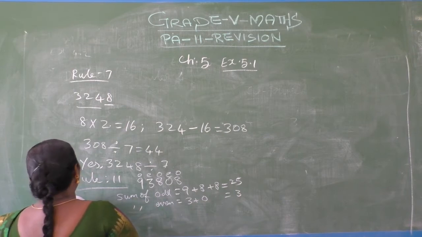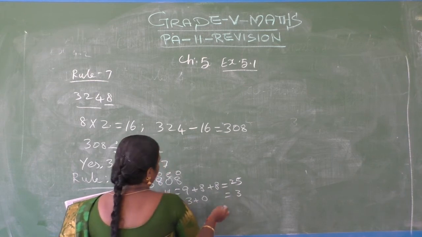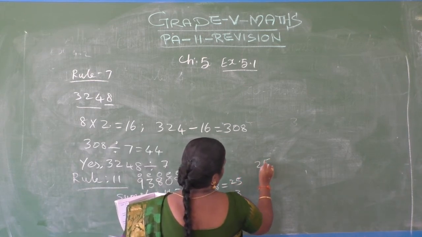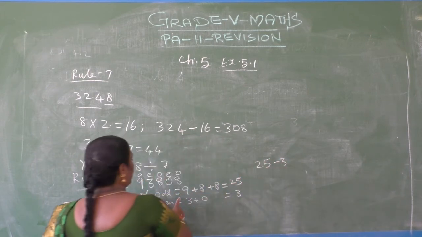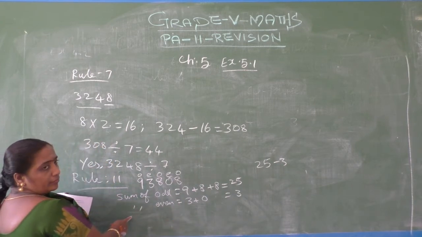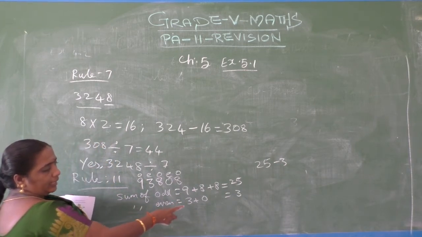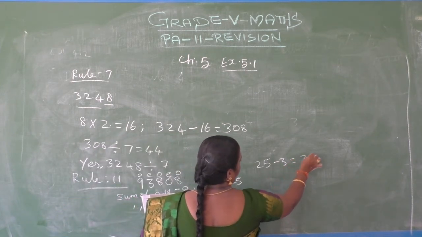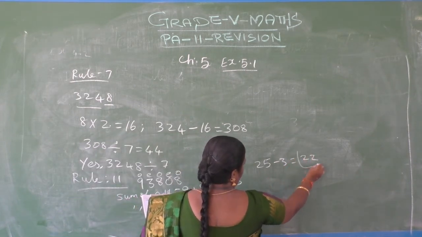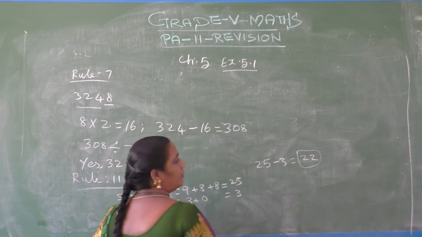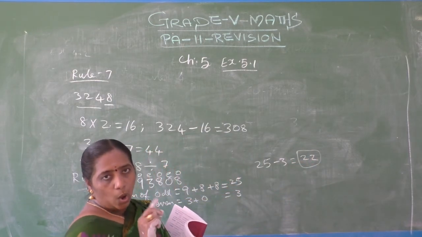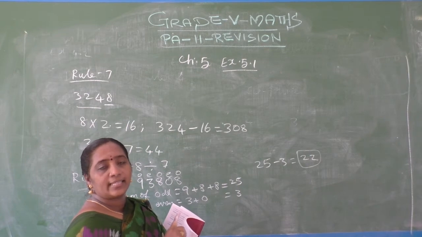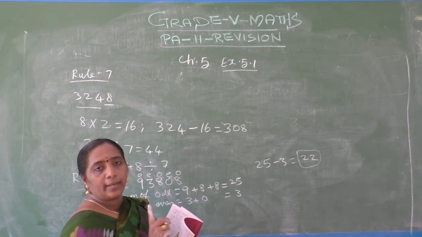Now find the difference between them. Find the sum of the odd places and the sum of the even places, then find the difference between them. So 25 minus 3 is 22. If the answer is divisible by 11 or is 0, then definitely this number will be divisible by 11.